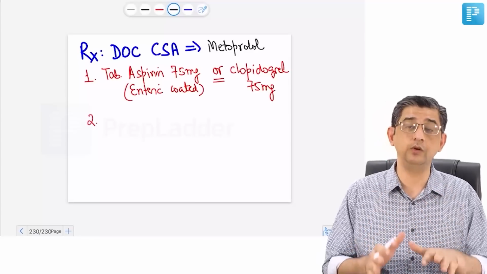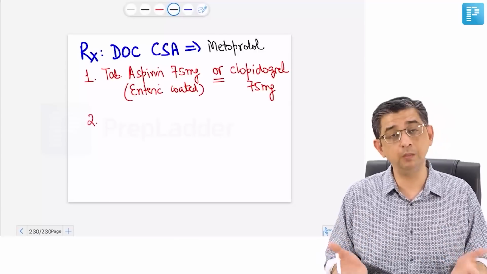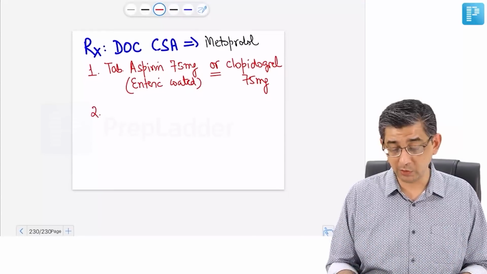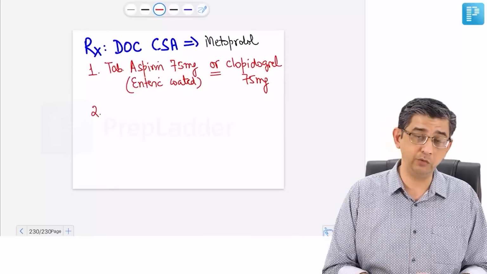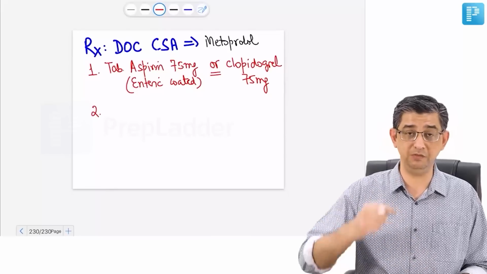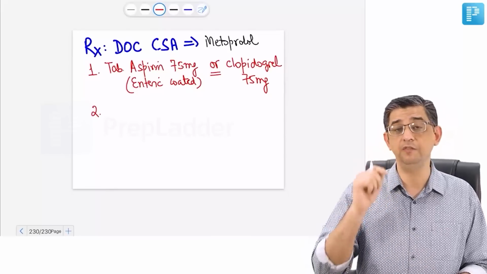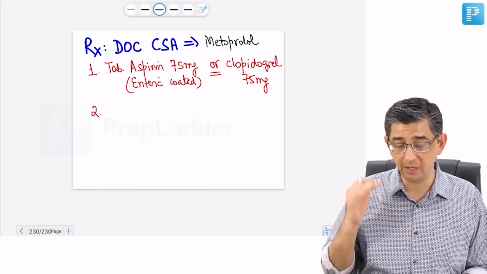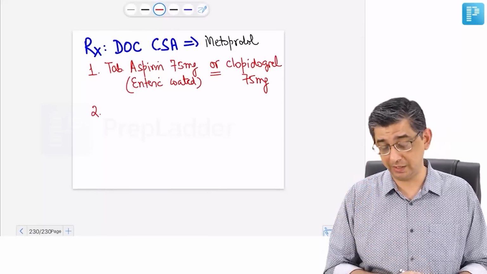And if you downgrade the oxygen consumption per se, you will definitely be able to enhance the productivity of the heart per se. So metoprolol and aspirin both are mortality reducing drugs, but on a comparison basis, if he says the word, and mark my words there, if he says what is the major mortality reducing drug in chronic stable angina, your answer would be given as beta blockers, that is.